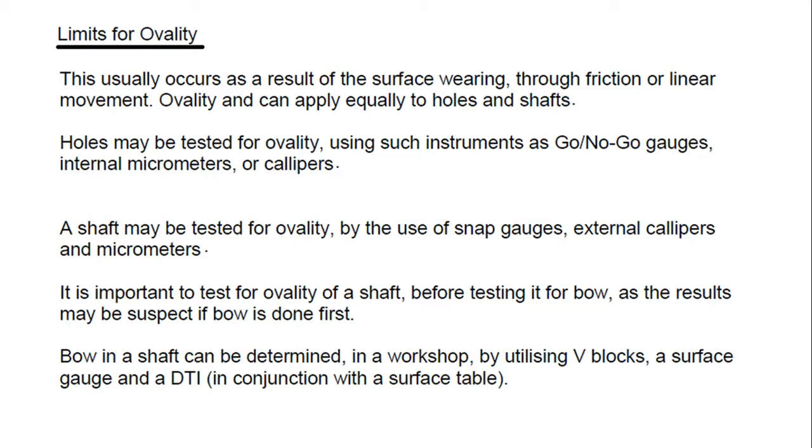Otherwise, there is a chance of wrong or suspected readings. The bow in a shaft can be determined by using a V block and the DTI. DTI's full form is dial test indicator, also known as dial indicator or dial gauge. Both are the same.